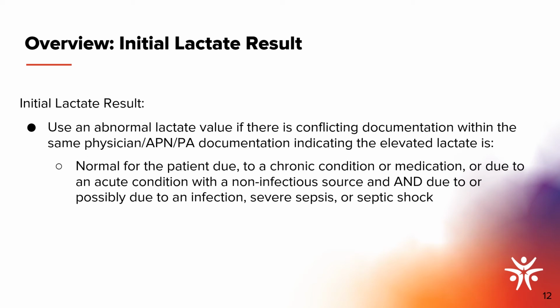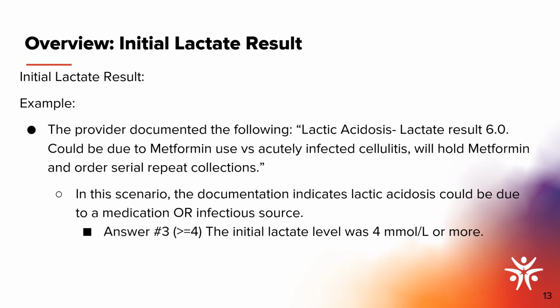If there is conflicting documentation regarding an infectious versus non-infectious source of an elevated lactate, use the abnormal value. In the following example, the provider documented lactic acidosis, lactate result 6.0, could be due to metformin use versus acutely infected cellulitis.